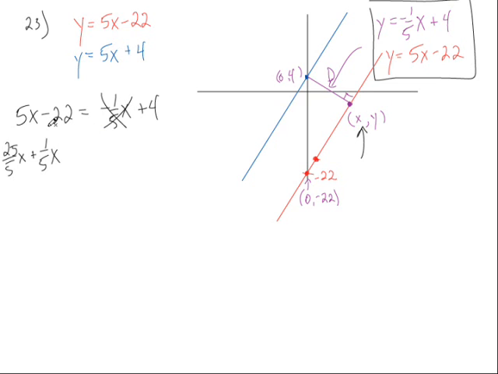Now let's take care of this 22. What do I do with that 22? Add a 22 to both sides. And what am I going to get over here? Let me get a 26. So let's write this out. This is 26/5 x equals what? 26. Now how do I get rid of a fraction if it's being multiplied? Multiply by its reciprocal. That's the same thing as dividing, but we never really divide by a fraction, do we?